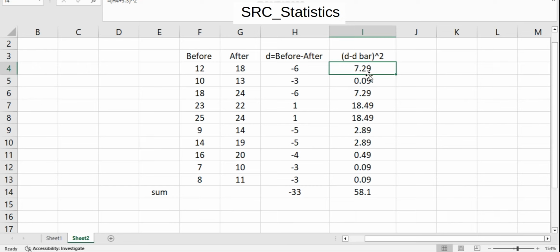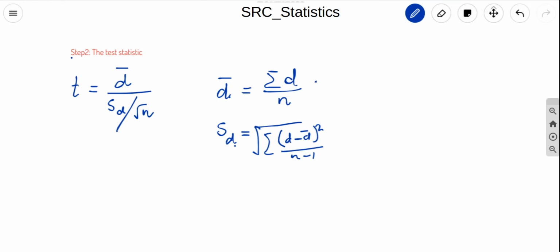For d minus d bar whole squared, we need d bar. So let's calculate d bar first. From Excel we can see that summation d was negative 33 and n is 10, a sample of 10 students. So it is negative 3.3.